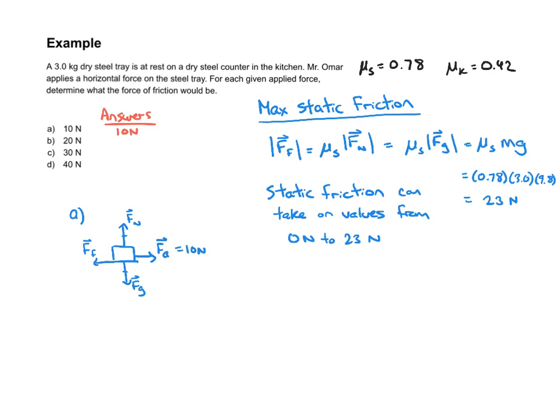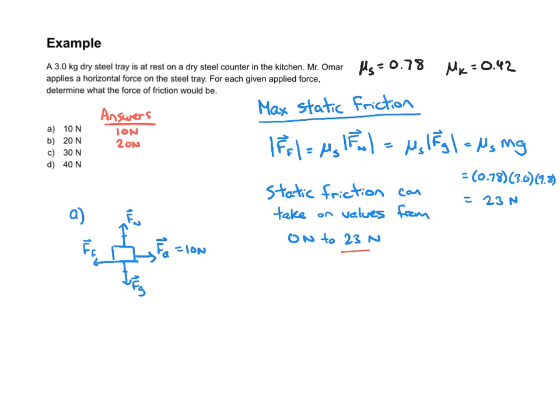Now part B, what if Mr. Omar pushed with 20 newtons? Well, 20 newtons is still not bigger than 23 newtons, so it's going to stay at rest. Forces are going to be balanced, and static friction is going to take on a value of 20 newtons to keep it at rest. But what about when we get to 30 newtons?